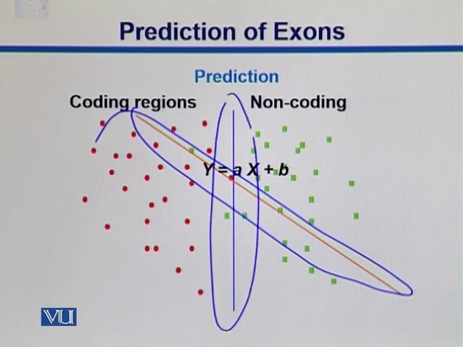So we can have separation between these two, coding and non-coding regions. If we get any new sequence and put it into this picture, we can look into where it falls, whether it falls among these green dots or among these red dots, and we can then predict whether it has an exon or not.